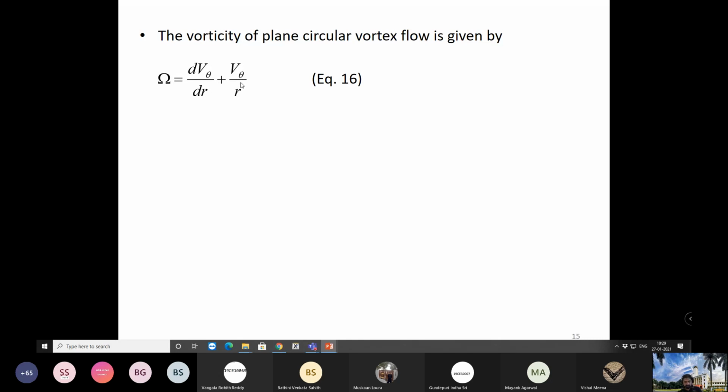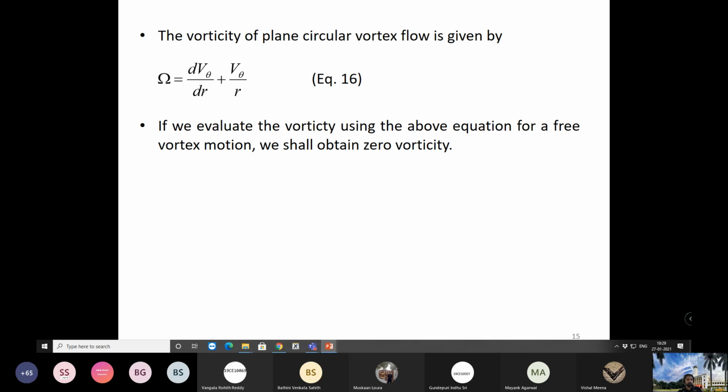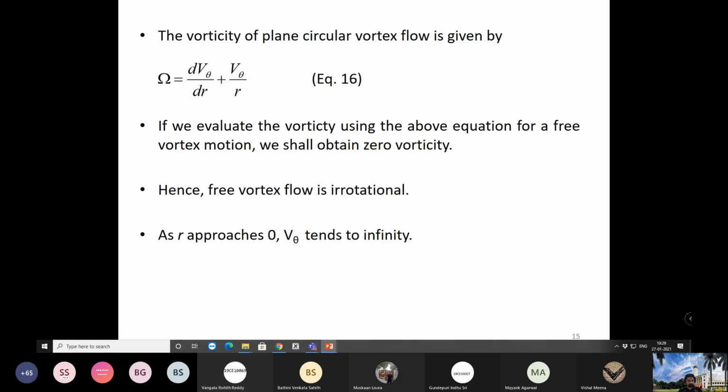The vorticity is going to be 0. So if we evaluate the vorticity using the above equation for a free vortex motion, we shall obtain 0 vorticity. Hence, free vortex flow is irrotational as well.